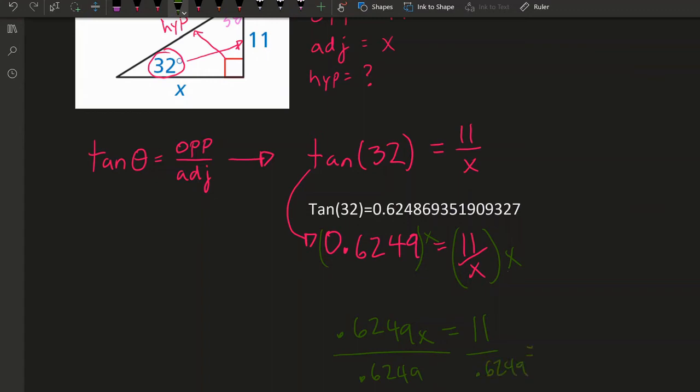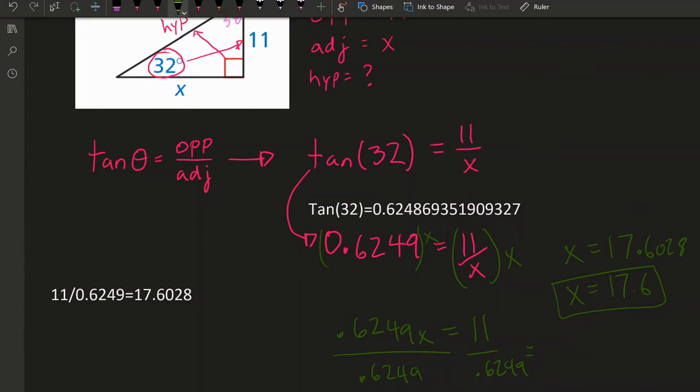I can't do that in my head, so I'm going to use my calculator. X equals 17.6028. And for our homework, we'll round to the nearest tenth, so we'll say x equals 17.6. That's the answer. Now, I did say that there was an easier way to do this.